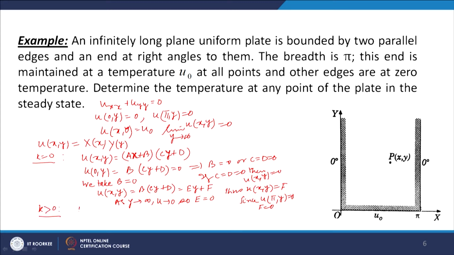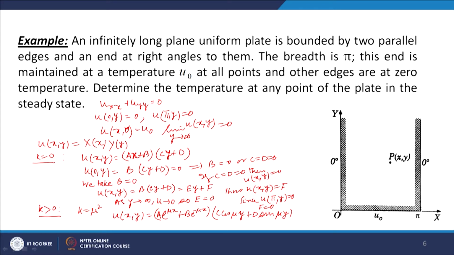When k is greater than 0, we can take k to be equal to μ², and then the solution u(x,y) is of the type (a e^(μx) + b e^(-μx))(c cos μy + d sin μy).